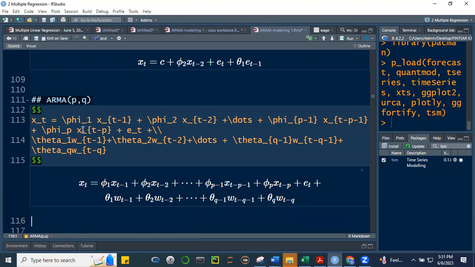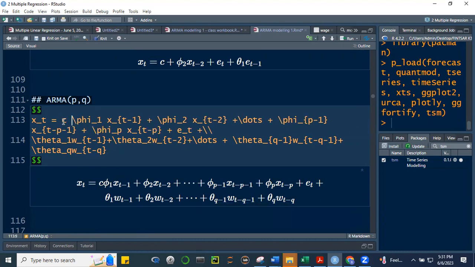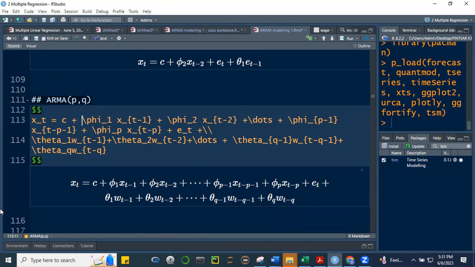No? And then you should have here a certain constant C plus your AR component plus your MA component. And so that's your Arima PQ.